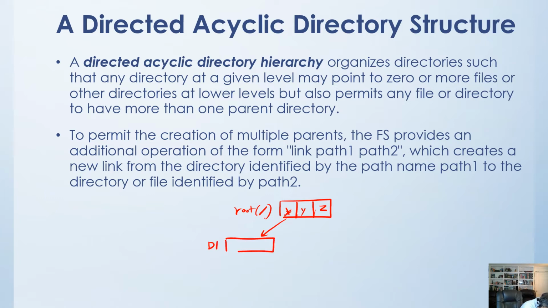Okay, so there's U, V, W, and then Y points to another directory D2. Here's I, J. Okay, so then you point to either a file or another directory, right?